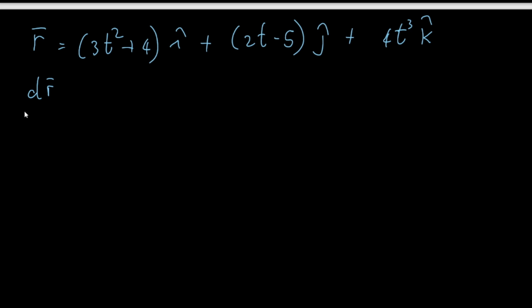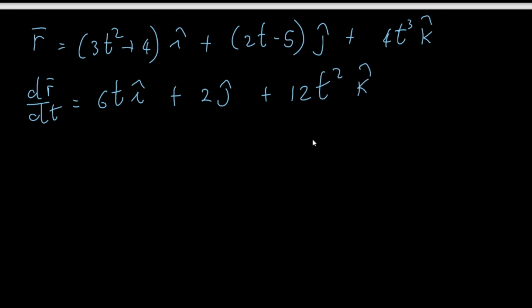So dr dt would simply be the derivative of the first x component with respect to t. That gives us 6t i hat, and then continuing in that same manner, we get 2j, and then lastly plus 12t squared k.